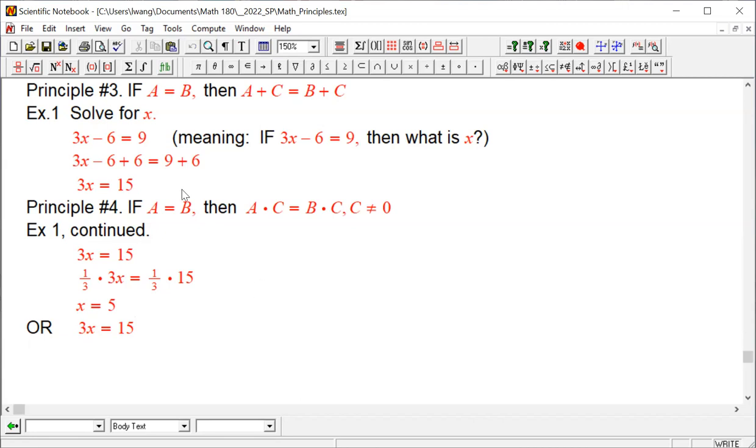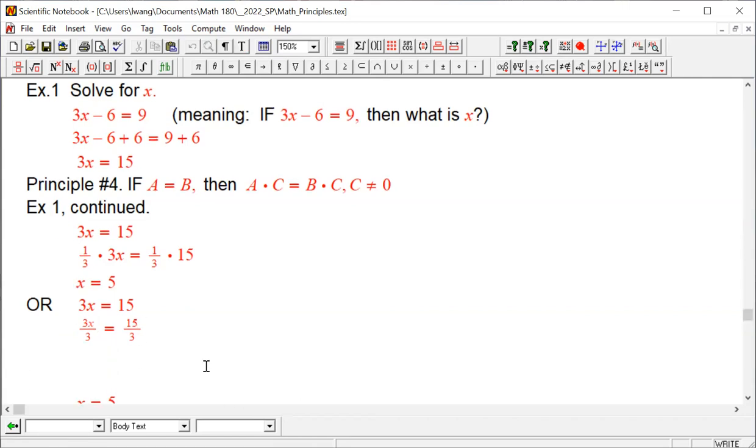You multiply or divide both sides by 3, they're all the same. So in the end, we get x equals 5.